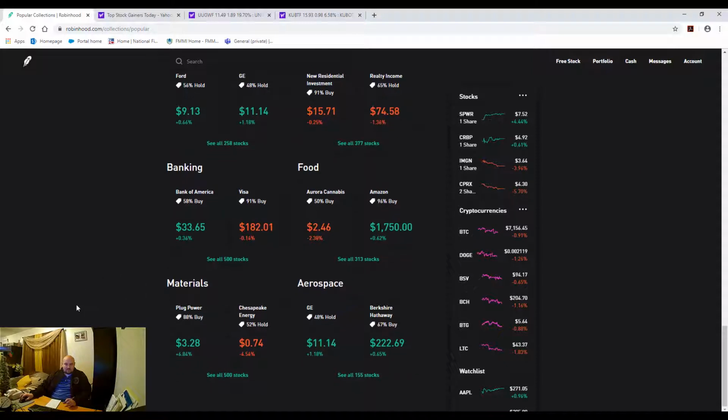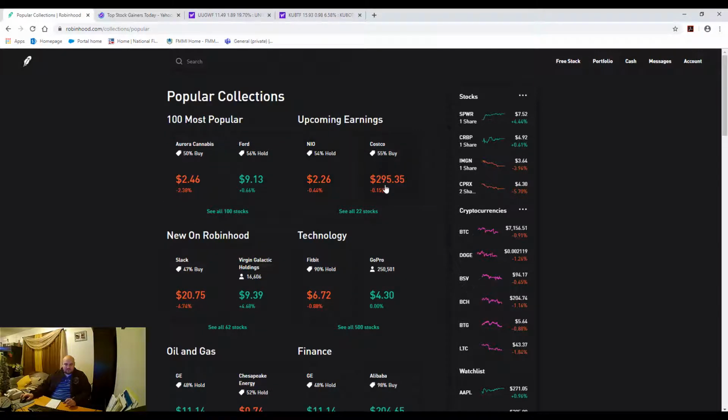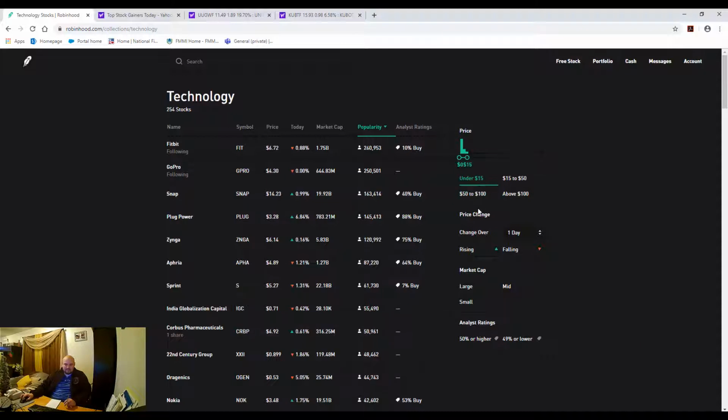And so let's see, new on Robinhood. Let's go technology. We'll go price under $15. And there we go. Snapchat, Zynga, Sprint, Nokia, Fitbit.